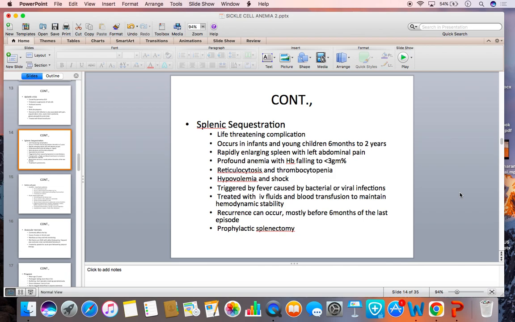Profound anemia with Hb falling to less than 3 grams percent. There is rapidly enlarging spleen with left abdominal pain. That's why the mother has to be advised to look into the splenic size frequently by palpating her child's abdomen.